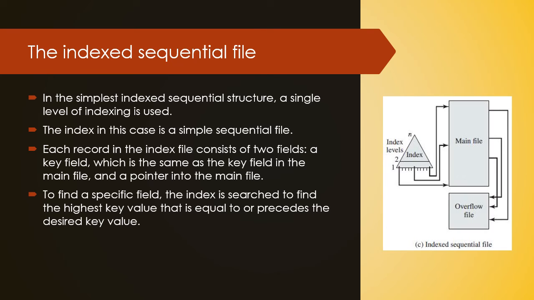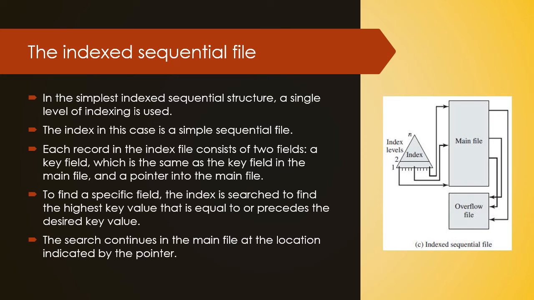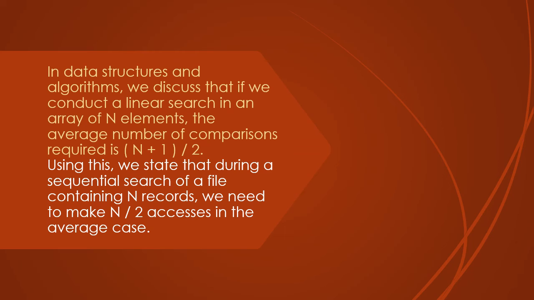To find a specific record, the index is searched to find the highest key value that is equal to or precedes the desired key value. The search continues in the main file at the location indicated by the pointer.